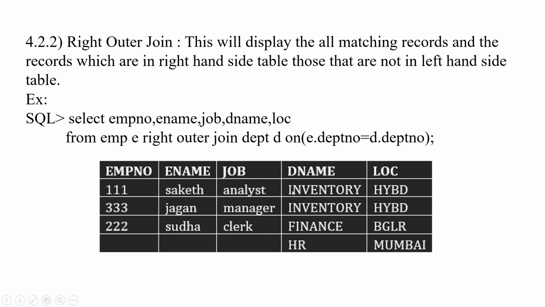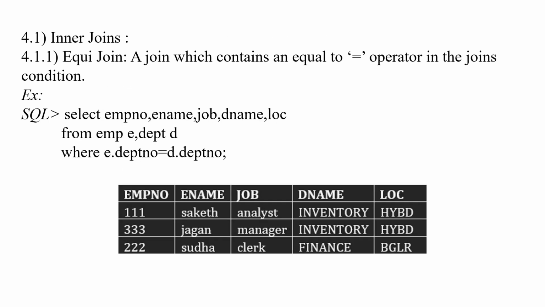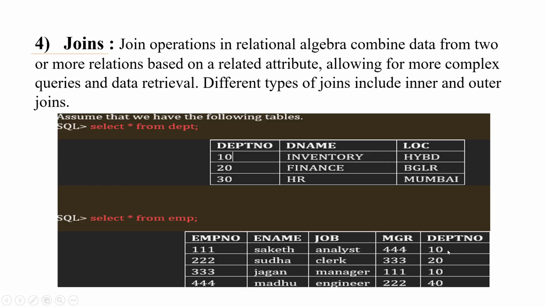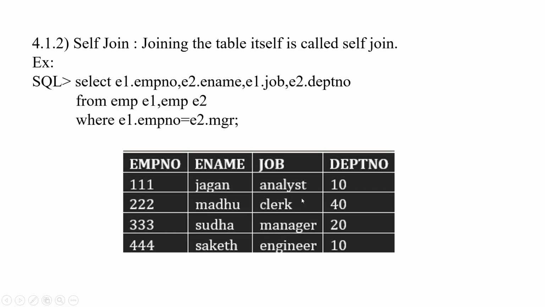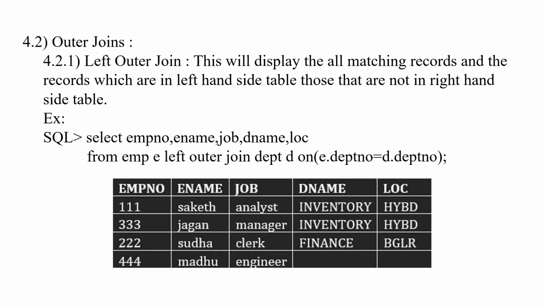Here department consists of values: inventory, finance and HR. Inventory is repeated two times because employee number 10 is repeated two times. This is a right outer join.